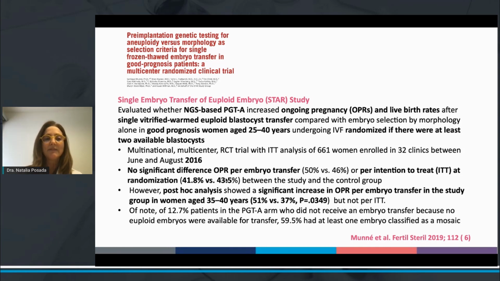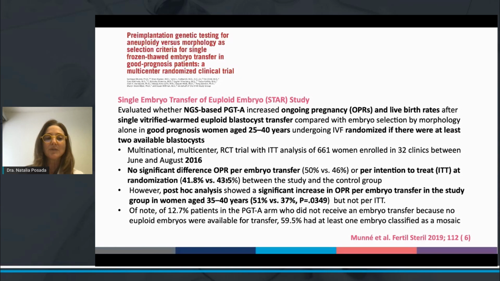These were not advanced maternal age patients. These patients' ages were between 25 and 40 years of age and had to have at least 2 blastocysts available in order to be randomized. 32 clinics participated in this study with a total of 665 women.